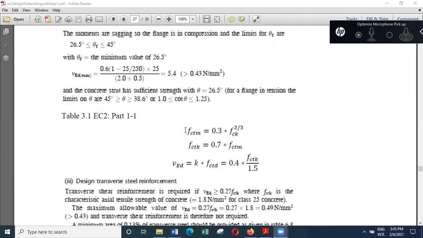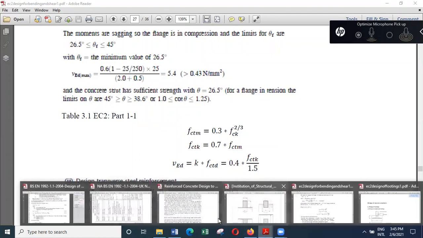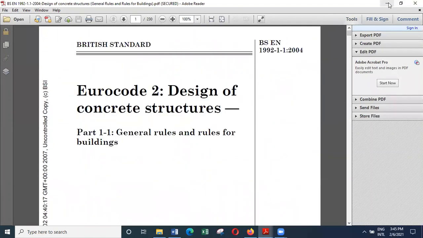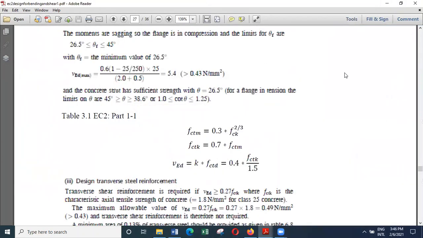If you look at table 3.1 of Eurocode 2, there's a table given, and in that table all these FCTM, FCTK values are given with the equation.